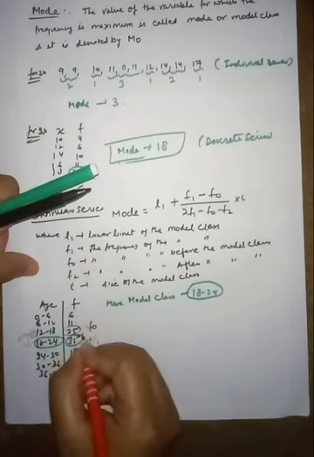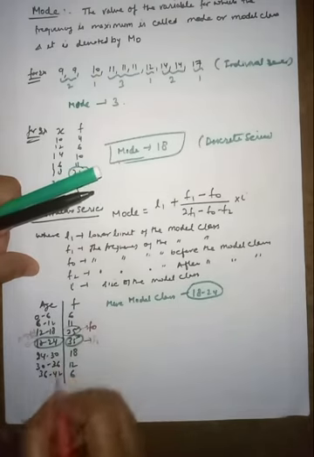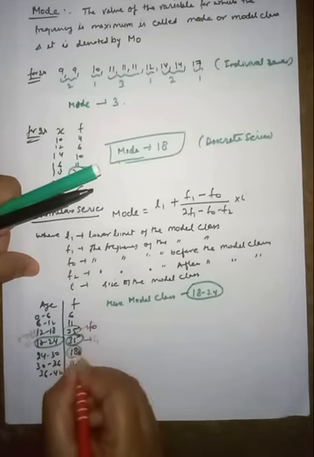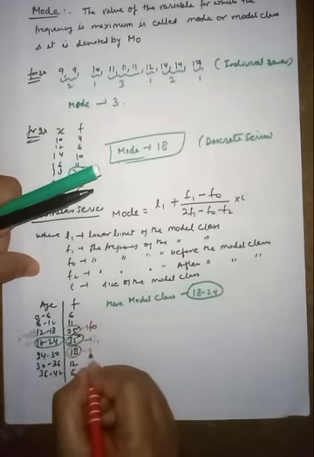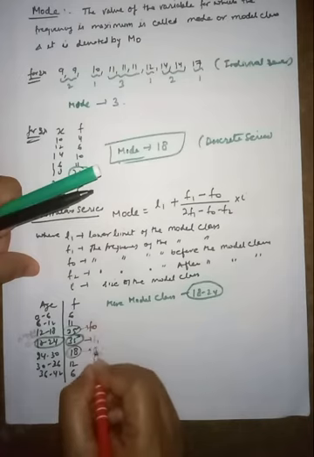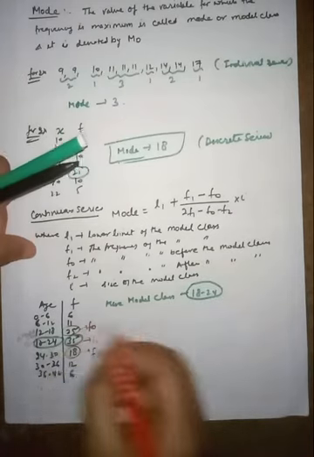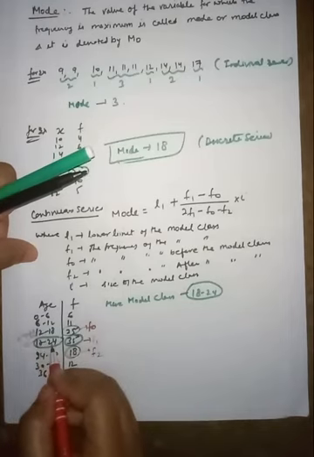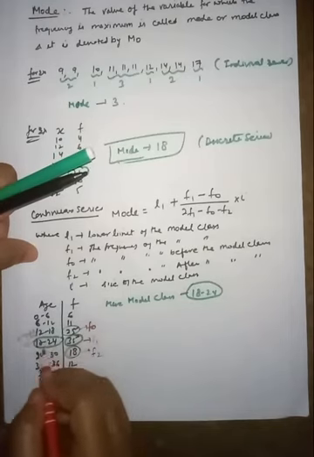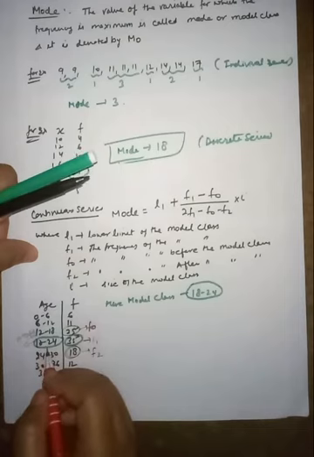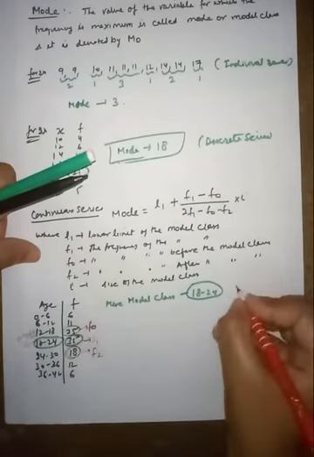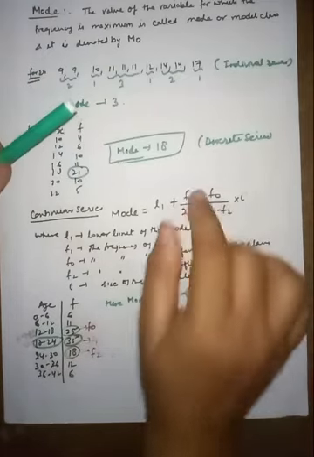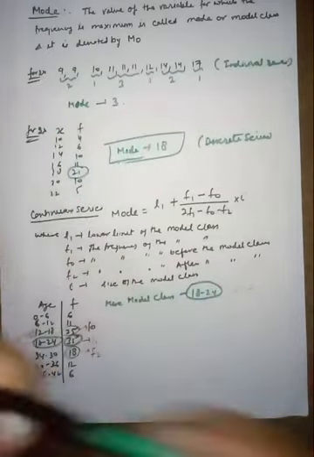Okay. Now the frequency after the modal class is known as F2. This is called F2. Now you have all things. And what is the I? I is the size of the modal class. So you see 18 to 24, it means the difference between the interval is 6. So I is your 6.